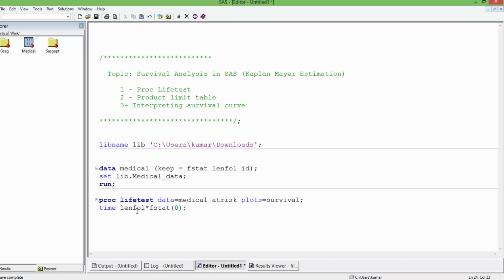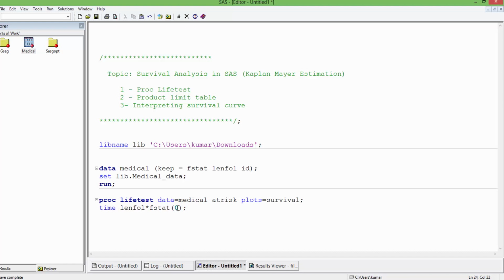In time, we need to mention the time period of following the particular event. Length follow or LENFOL is our time, the duration for which the patient is under study. And then f-stat is the censored variable, and the value that shows censoring is 0. If it is 1, then the event has happened.